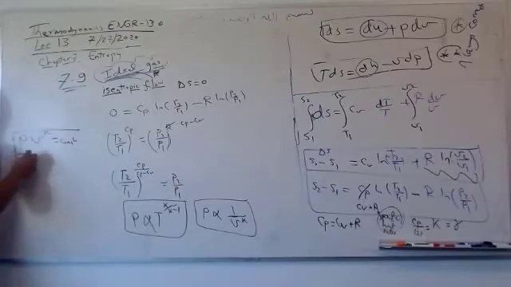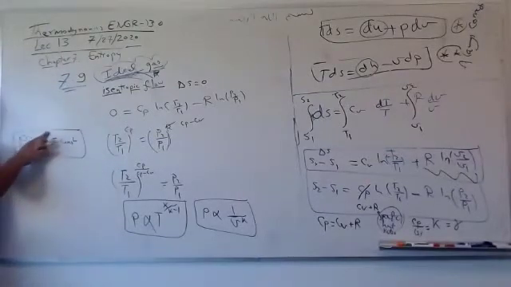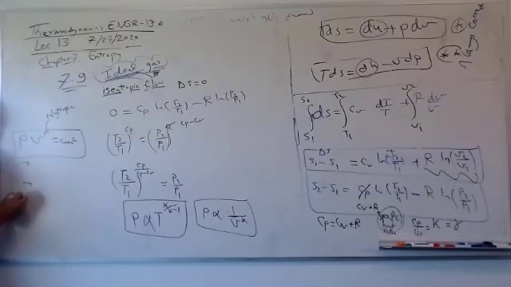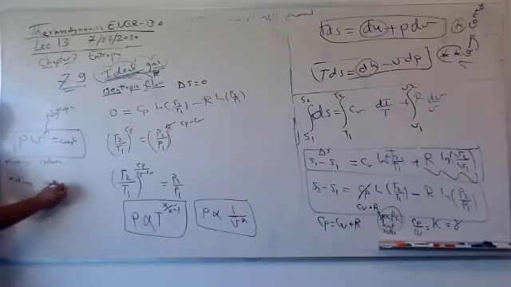This one, you have seen it before. I use the power N and call it polytropic. We have a lot of special cases. If N equals 0, this is called isobaric. If N equals 1, it's called isothermal. If N equals K, we call it isentropic.